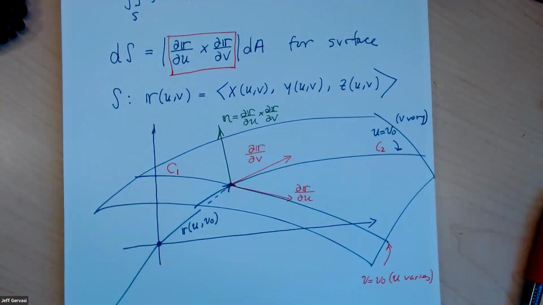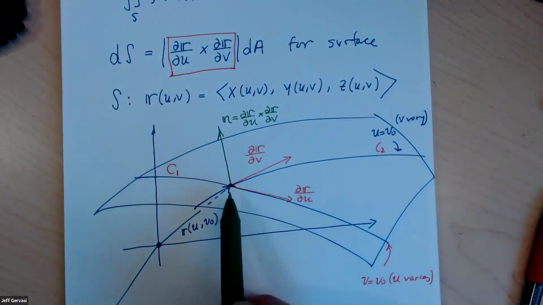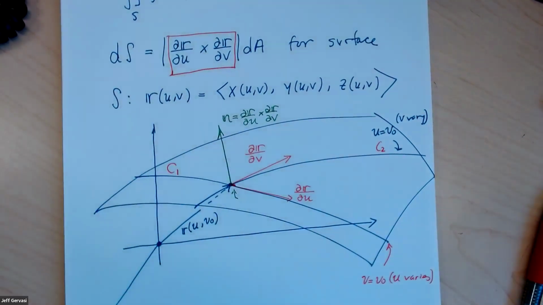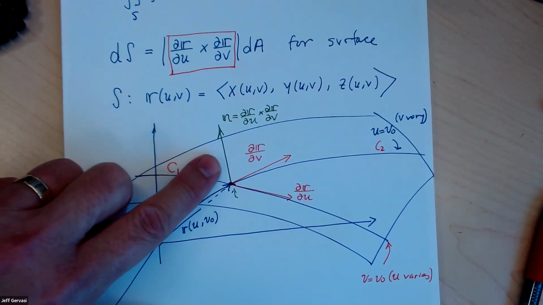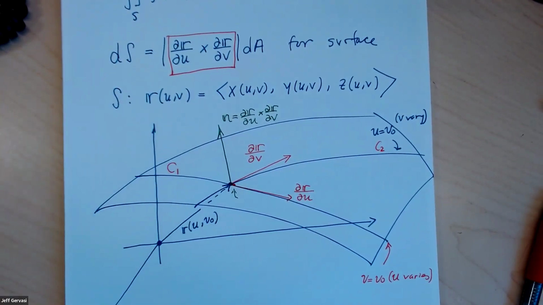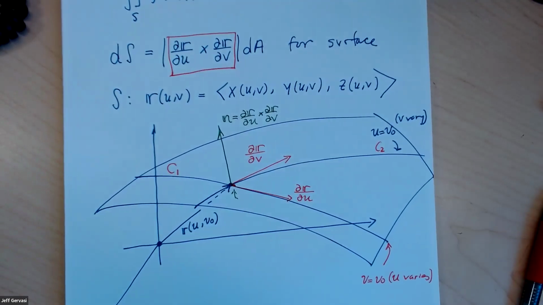Notice that C1 and C2 lie on the surface, and those tangent vectors are tangent to the surface at the point right here. So the green vector is perpendicular to both of those tangent vectors, and therefore is orthogonal to the surface itself.